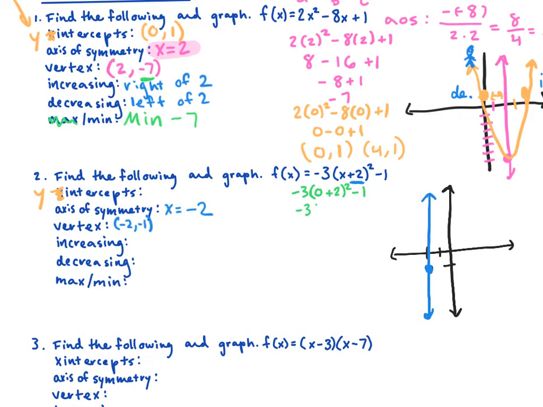So this would be -3 times 2 squared minus 1. -3 times 4 would be -12 minus 1, so we would get -13. So our y-intercept would be 0, -13.